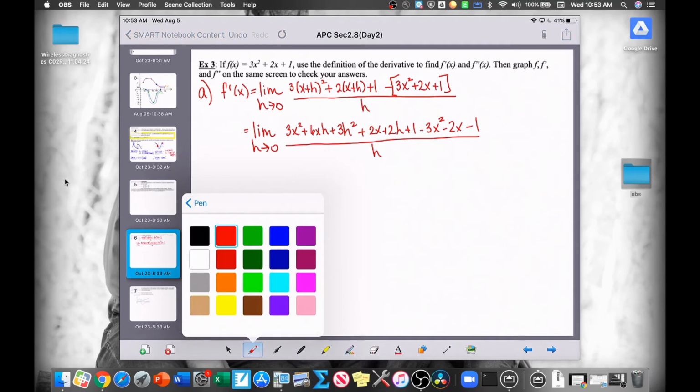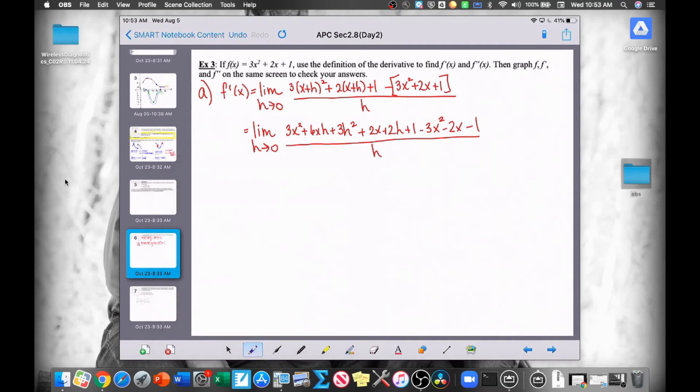Now I get to cross out any terms that cancel in my numerator. 3x squared and negative 3x squared, positive 2x and negative 2x, positive 1 and negative 1 all cancel out. And the terms that I have left all contain h. So the next step is to factor that h out of each of those 3 remaining terms.